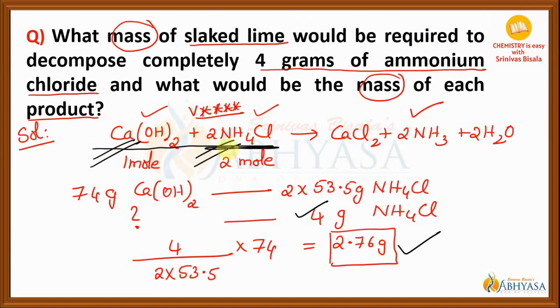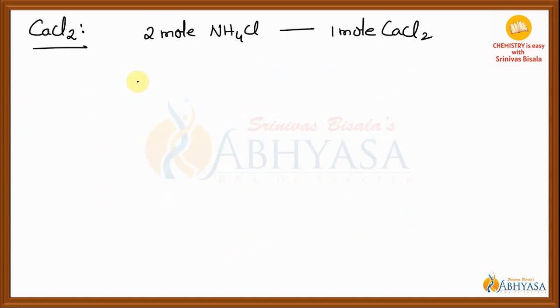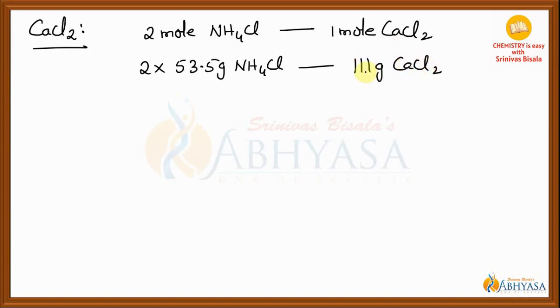See here, 2 moles of ammonium chloride and 1 mole of calcium chloride. So 2 moles of ammonium chloride means 2 into 53.5 grams of ammonium chloride. Whenever it participates in the reaction, this results in formation of 1 mole of calcium chloride, that is 111 grams. That is the gram molecular mass of calcium chloride.